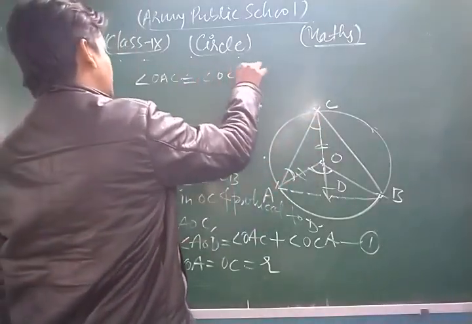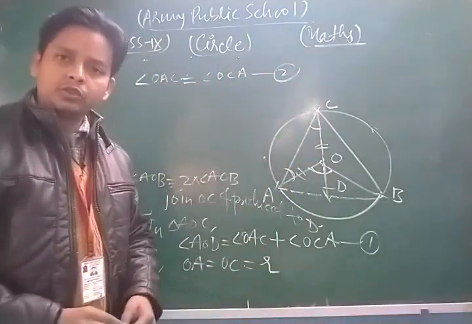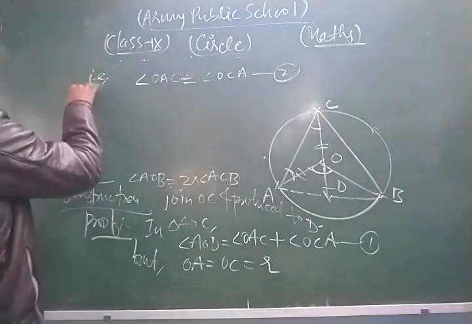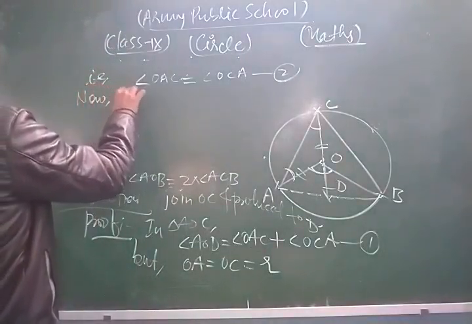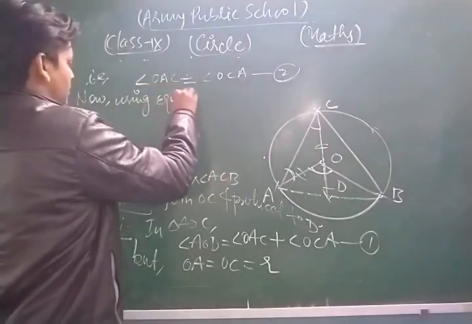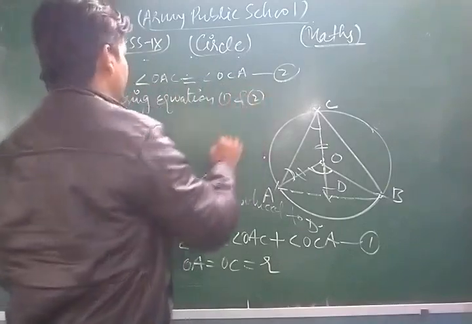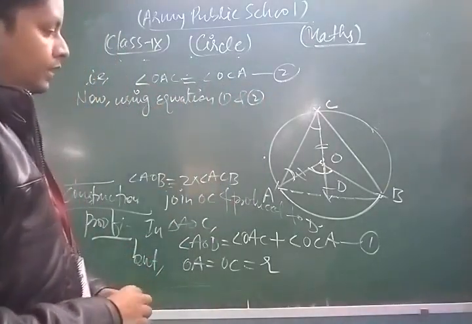We take this as equation number 2. Now using equations 1 and 2, we put angle OAC equal to angle OCA.